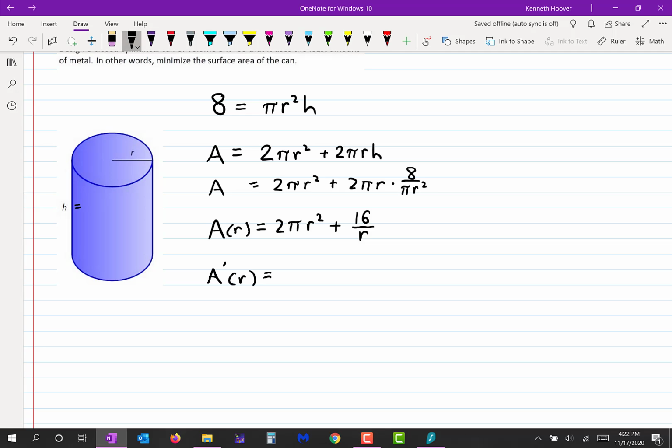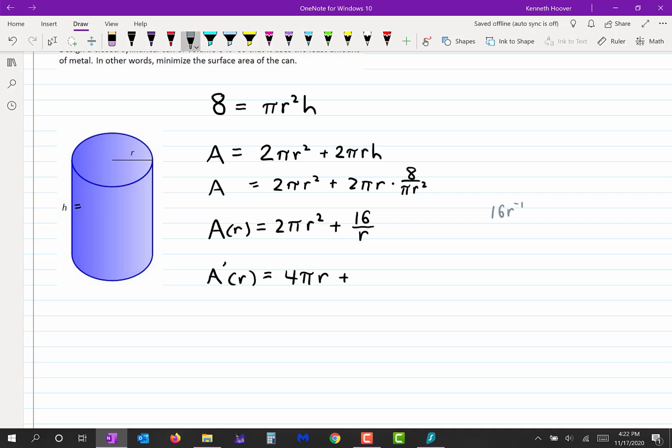Okay, now A prime of r would equal 4 pi r. That part's very easy, right? Plus, now this part you need to be a little bit more careful about. What's the derivative of 16 over r? Think about that. It's 16 times r to the negative 1.